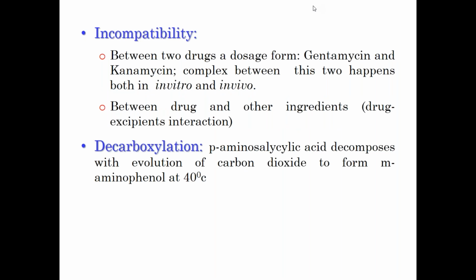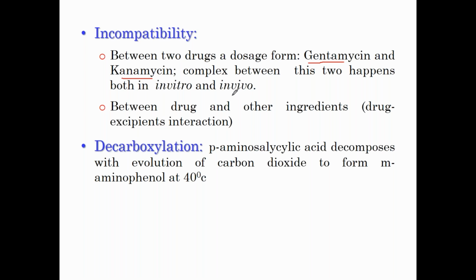When I say incompatibility, actually it's a very general term we are using here. Incompatibility happens between two drugs when you try to prepare a combined drug dosage form. For example, gentamicin and kanamycin form a complex, and that disturbs the in vitro and in vivo performance. It can happen during processing, or even inside the body. So it affects its performance, its action.